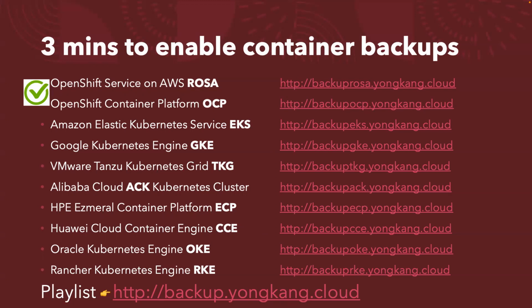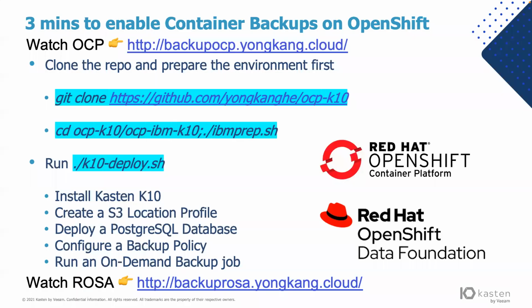Let me give you an example. If I have an OpenShift cluster up and running, seriously, you only need about 3 minutes to enable the container backups. On the screen, as you can see on the top, how to enable OpenShift container backup in 3 minutes. On the bottom, how to enable container backup on ROSA in about 3 minutes.